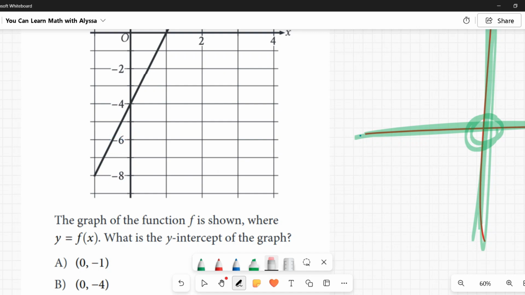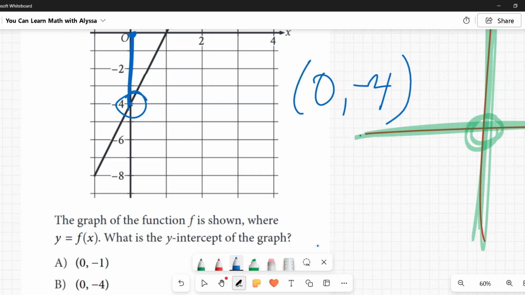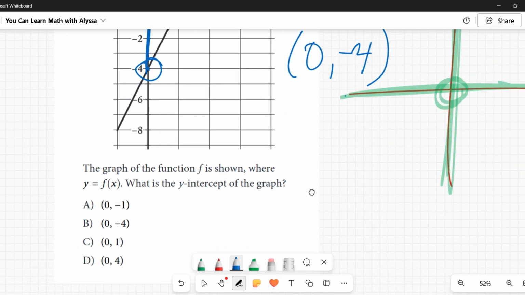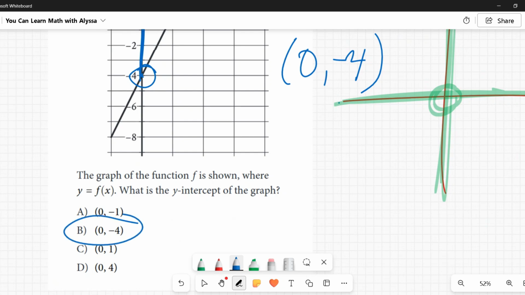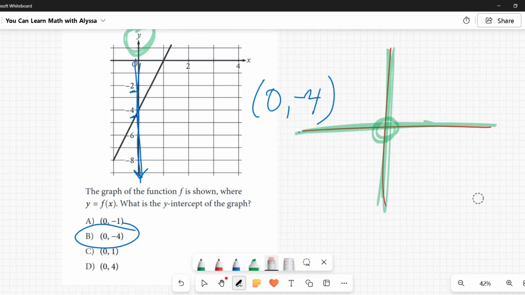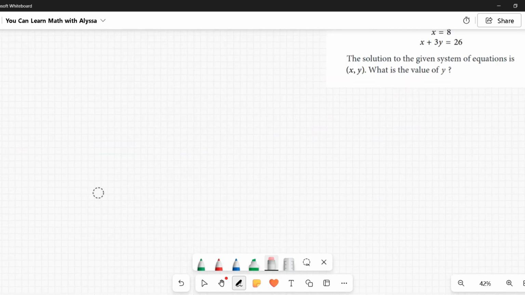That is not a 4, that is a negative 4. So it's crossing there at 0, negative 4. A y-intercept will always have 0 for its x coordinate. So here's 0, negative 4. And if we go and we look down here, sure enough, 0, negative 4, B is my answer. Y-intercept there is 0, negative 4.